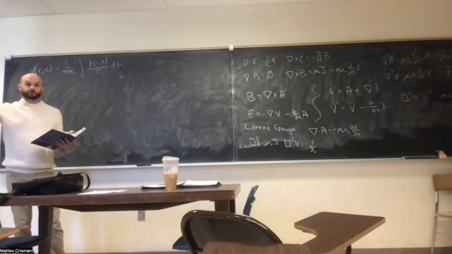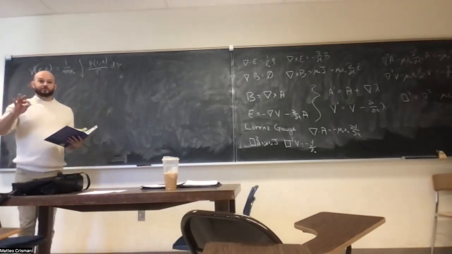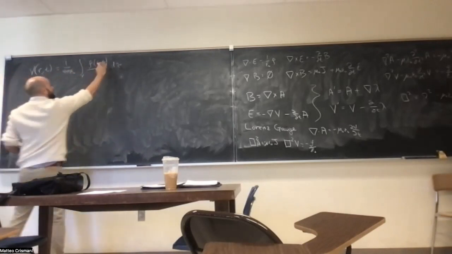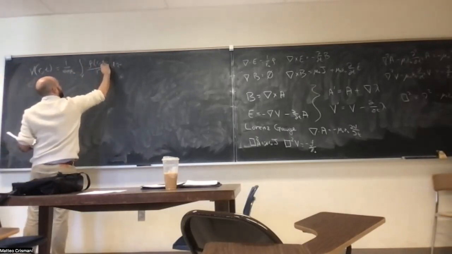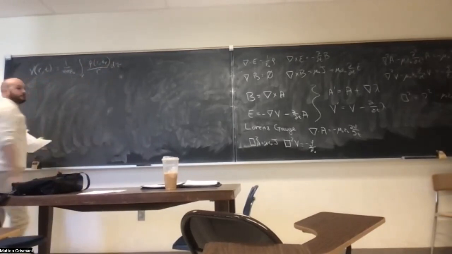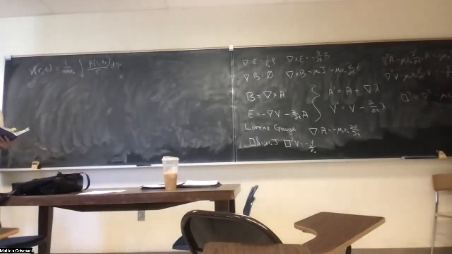You've seen that before, so it's not surprising. All I'm going to do is put in the retarded time. You trust me? It's not a derivation, so you shouldn't trust me. It's totally hogwash, but it works.